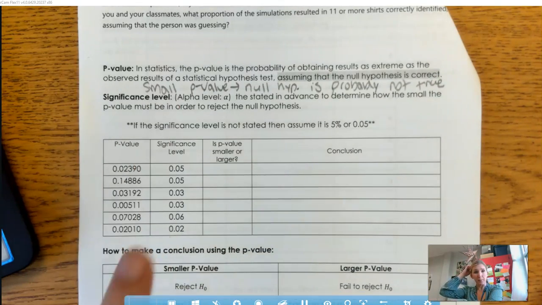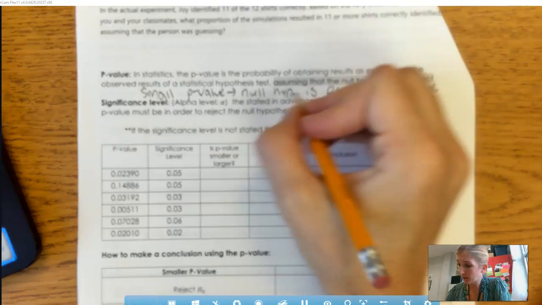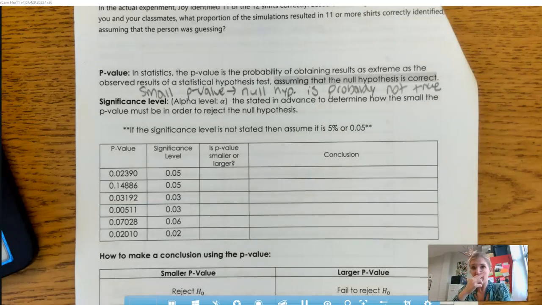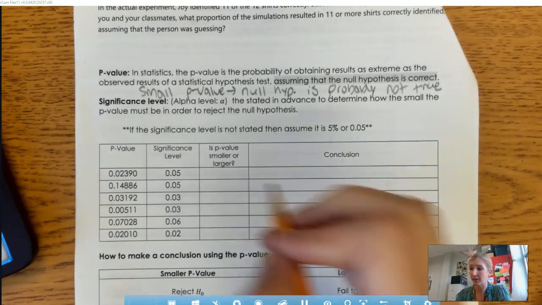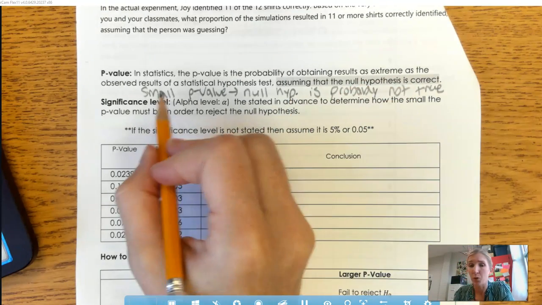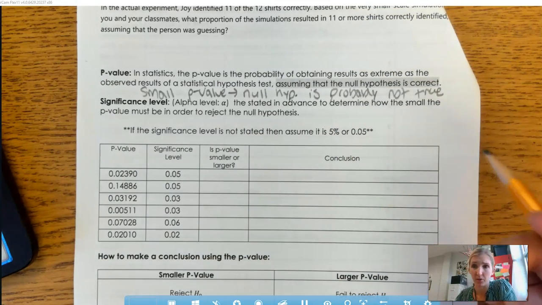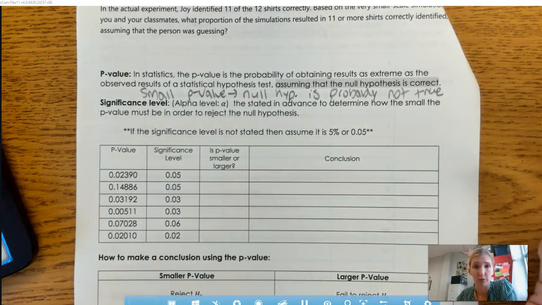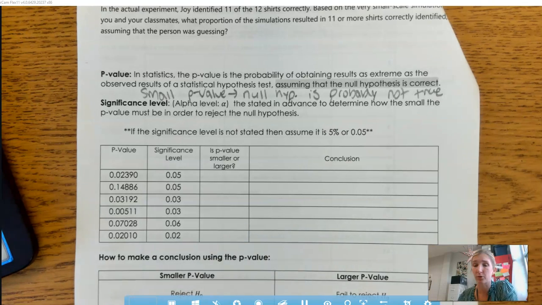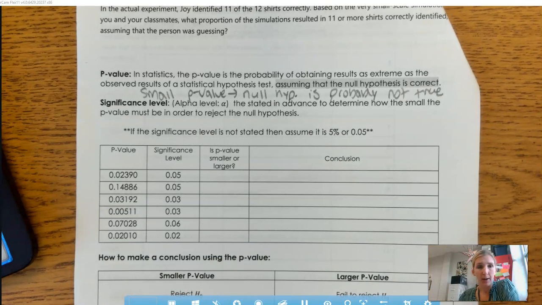We calculated the p-value for Joy guessing 12 out of 12 correctly, and it was very small. So a small p-value in a statistical analysis means that the null hypothesis is probably not true. You can never say for certain. We'll get into how you calculate the p-value way later in the units and in the course.